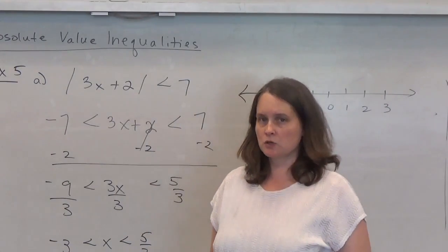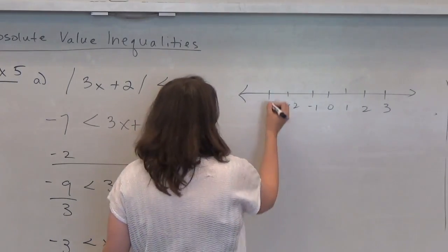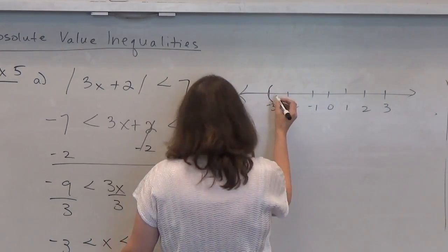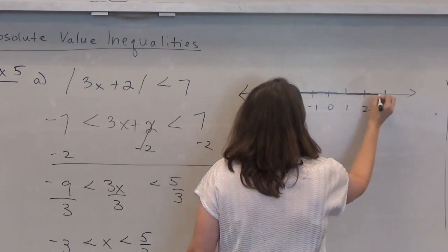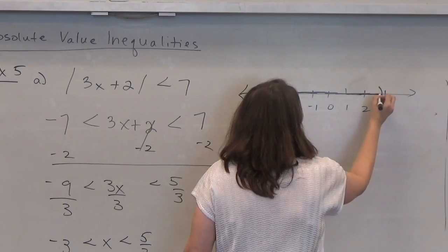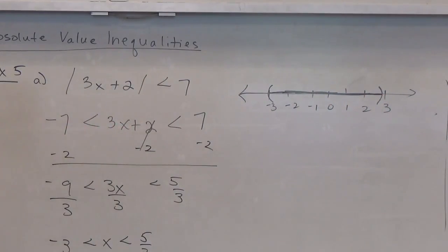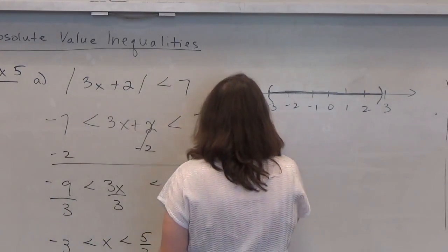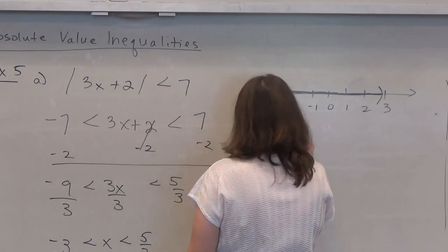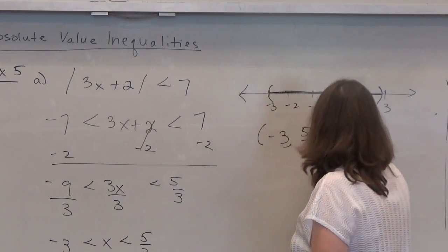We'll be using open circles or the round parentheses. So we're going to go negative 3, parentheses, shade everything almost up to the 3, not quite there, and shade all that in. Okay, that's our graph. For our interval notation, we would have parentheses, negative 3, comma, 5/3, and then close your parentheses. This is the interval notation.